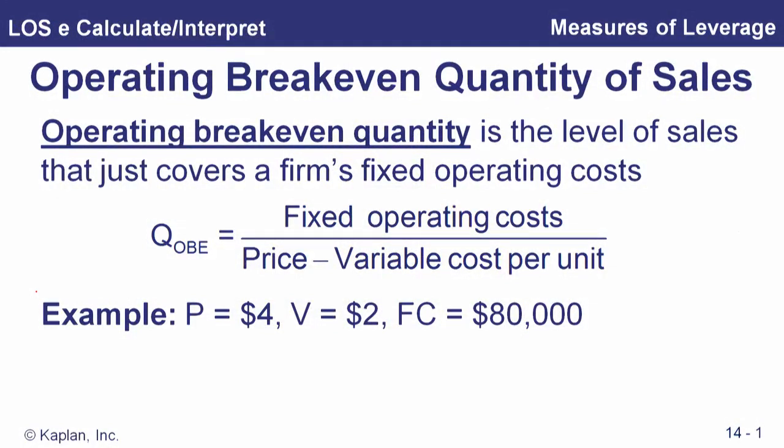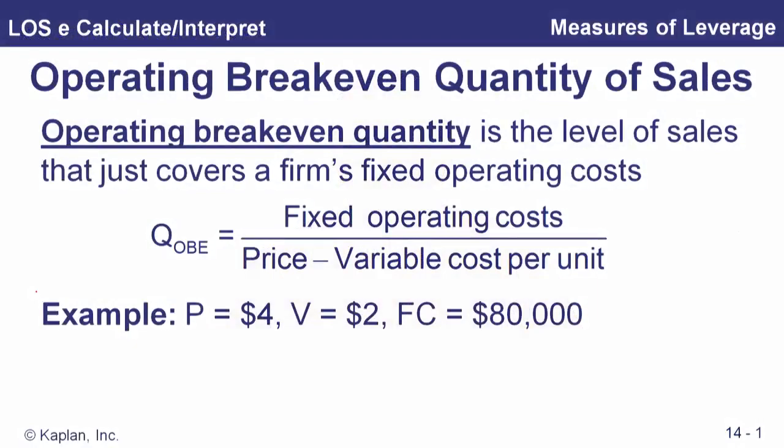Now, just another definition here, we're going to say operating break-even quantity is a level of sales that just covers the firm's fixed operating costs. Same drill as we went through before, but now we're just going to ignore the financing costs and ask for the level of sales at which EBIT, operating earnings, is 0.